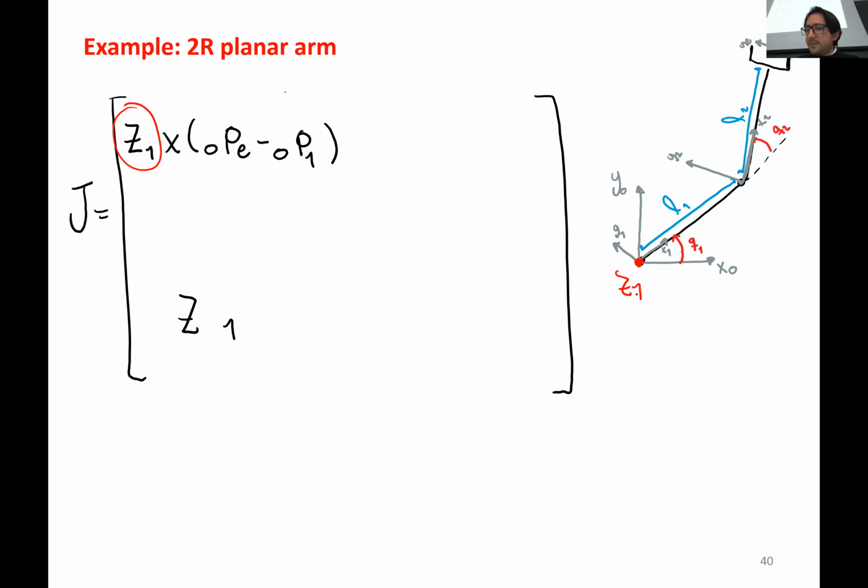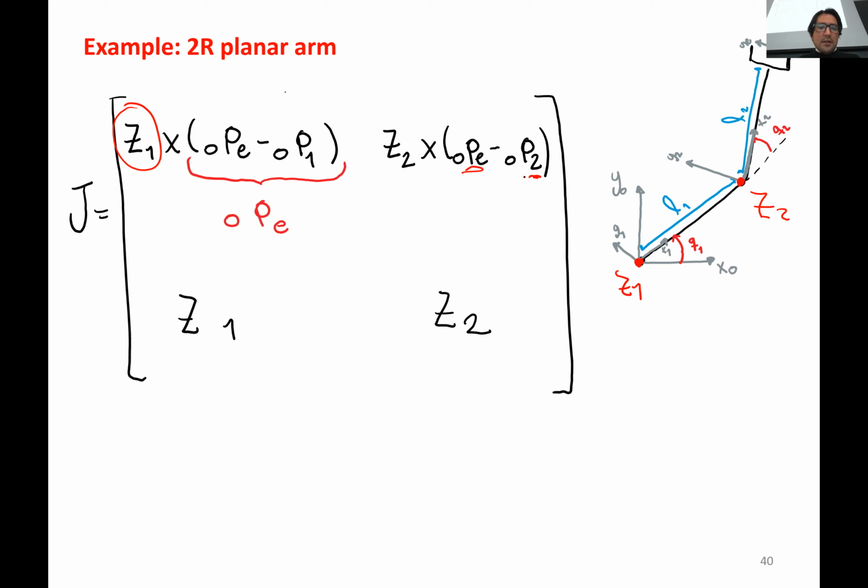And then for link 2, we just have the axis of rotation of link 2, which is here coming out of the slide, and then we have the position of the end effector minus the position of link 2. Okay, and then the axis of rotation z2.